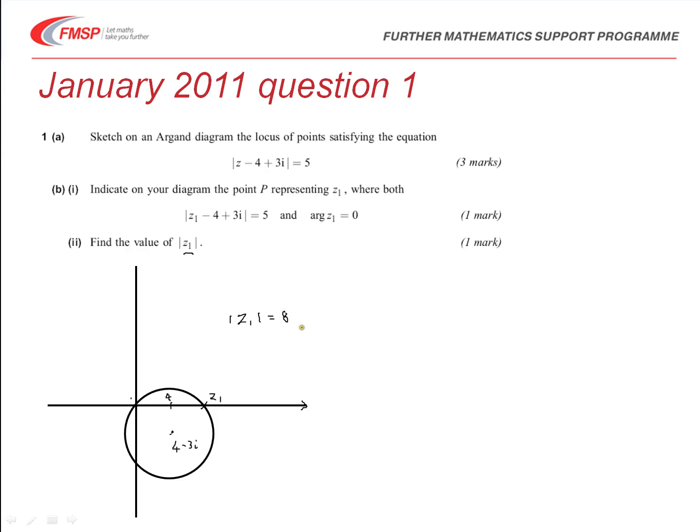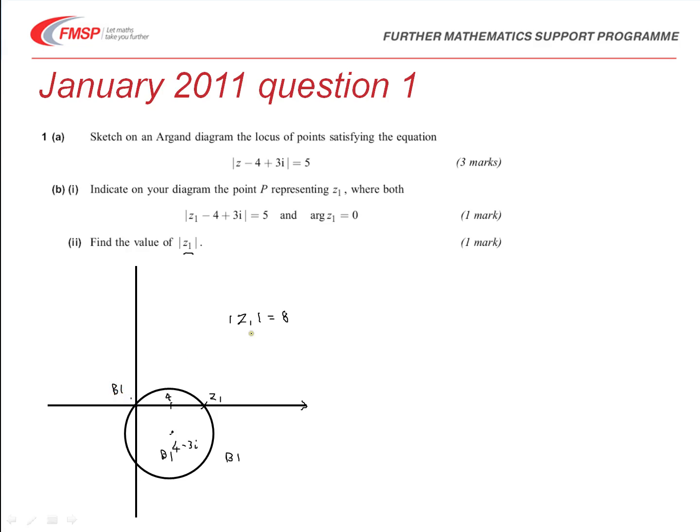So where did you get your 5 marks? Well, for drawing a circle, that is obviously going to give you 1 mark. For then having the correct position for the centre of the circle, that is going to give you 1 mark. And then for having the circle passing through the origin, that will give you the 3rd mark.